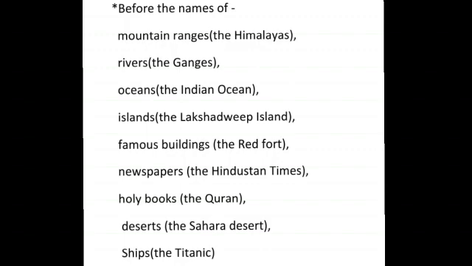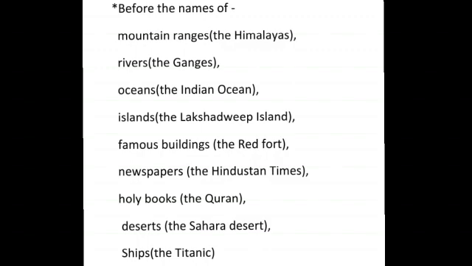Article the is used before the names of mountain ranges, rivers, oceans, islands, famous buildings, newspapers, holy books, deserts, ships. So you can see examples for each one. Mountain ranges, the Himalayas. Rivers, the Ganga.